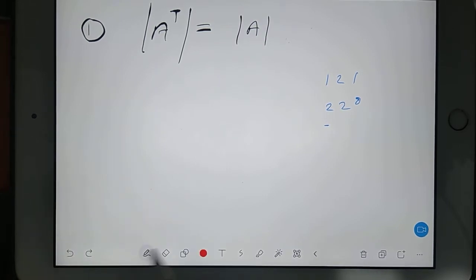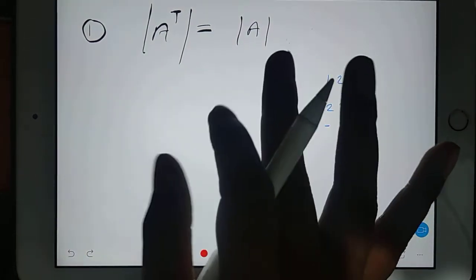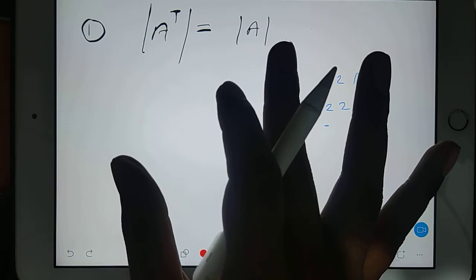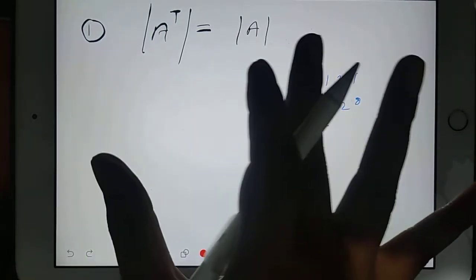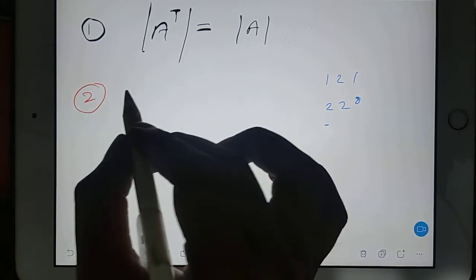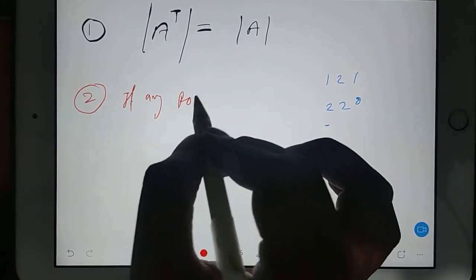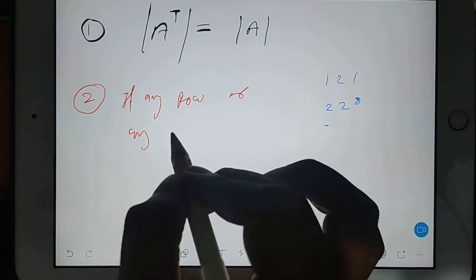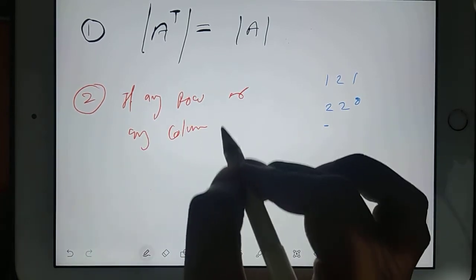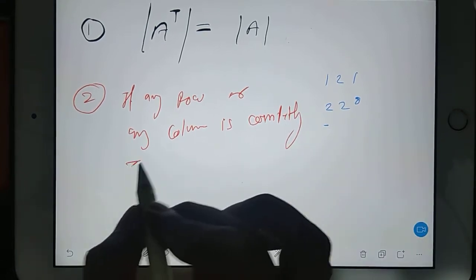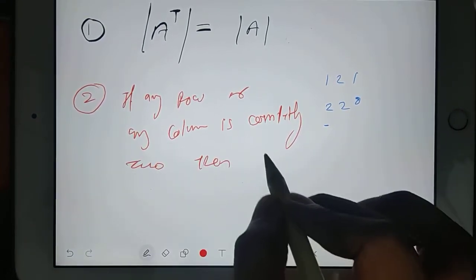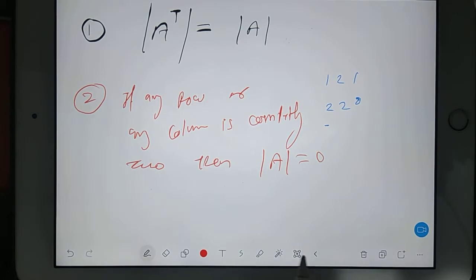Now this is a very good concept. If any row or any column of the matrix is completely 0, then the determinant of the matrix will come 0.